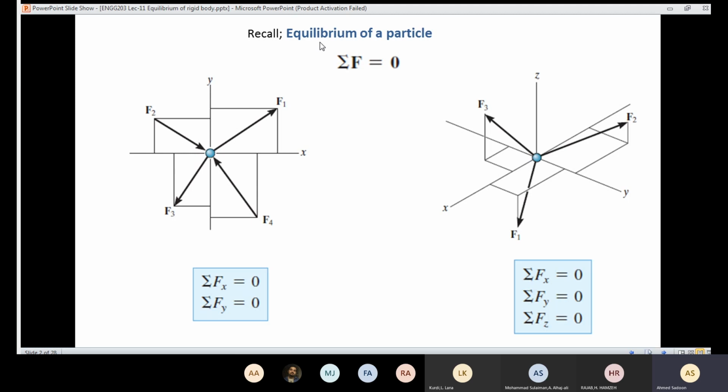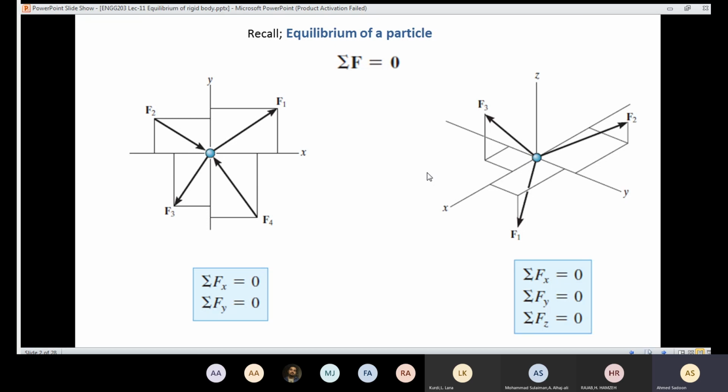And that equation could be divided into 2 parts. The summation of the forces in x should equal 0, and the summation of the forces in y-axis should equal 0 if we are dealing with a 2D situation. So here we have a coplanar system. All the forces lie in the xy plane. So I'm going to use only 2 equations.